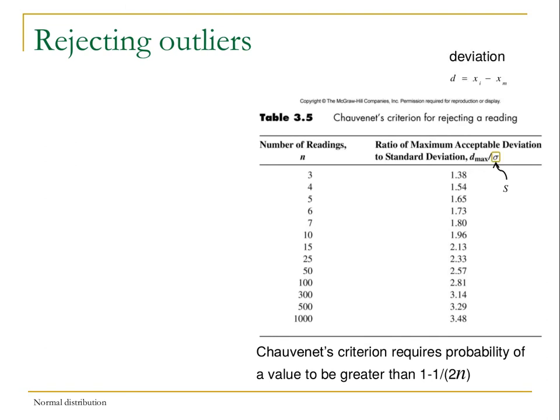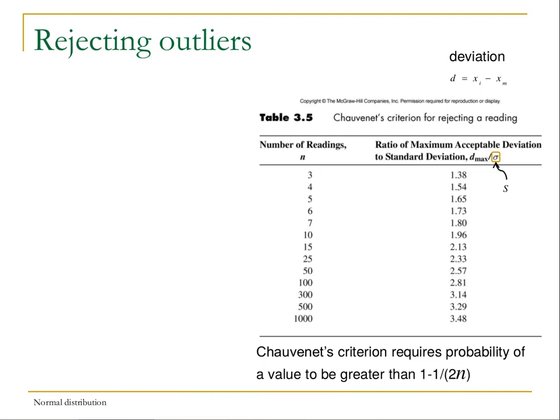So this is done in terms of deviation. Well, I should say it can be done in terms of deviation. So we could look at each value that we took in our sample and calculate the probability of getting a value like that.